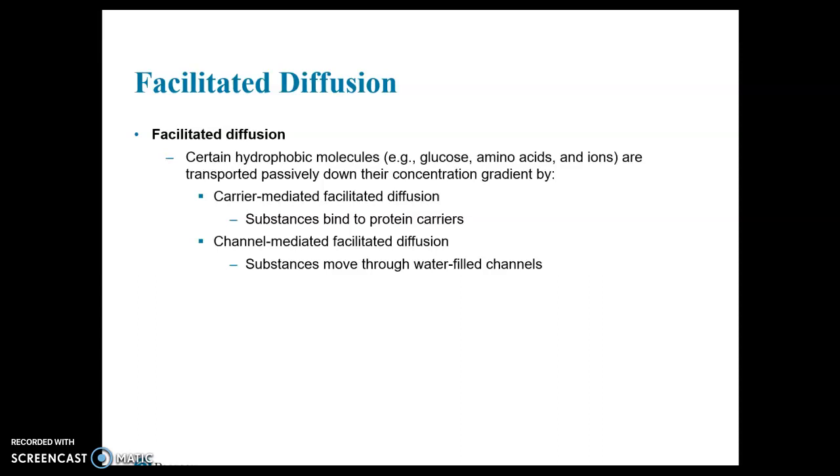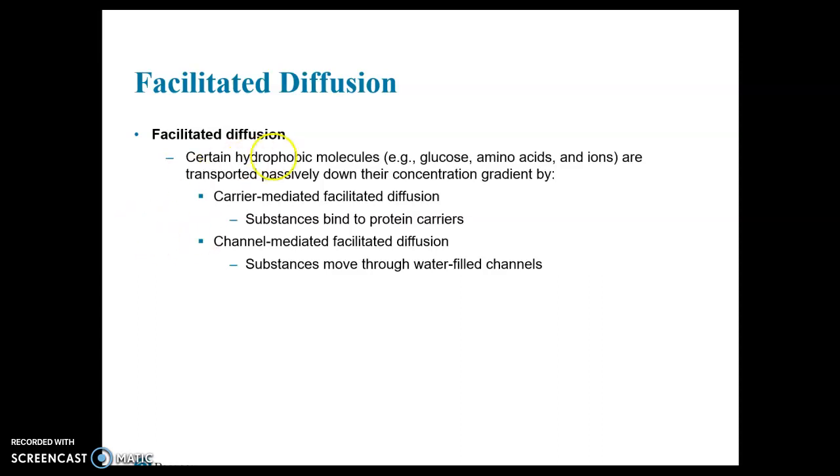So it has to travel either through a channel protein that is continuously open for diffusion, sometimes called leak channels, L-E-A-K, or through a carrier protein. This is a little more complex because the substance has to bind with the carrier protein, and then the carrier protein will change shape and transport the substance across the plasma membrane.